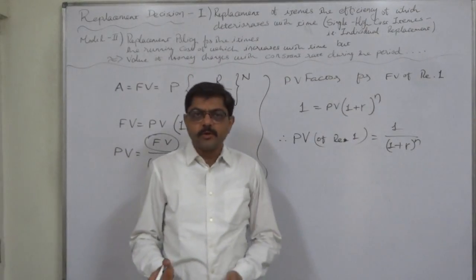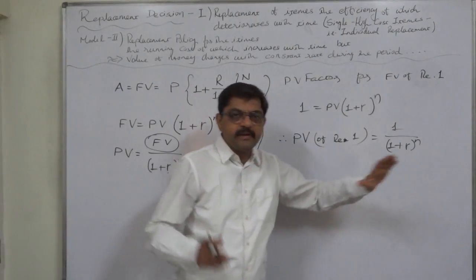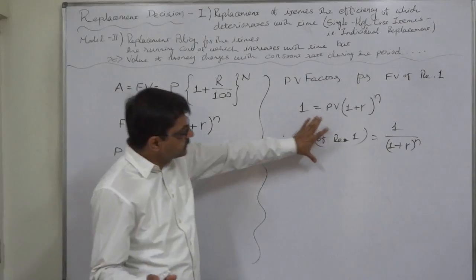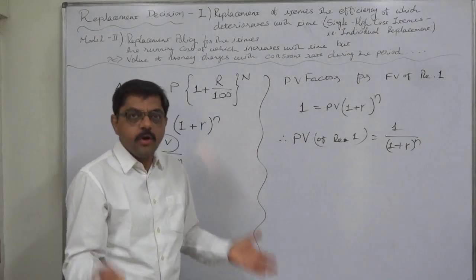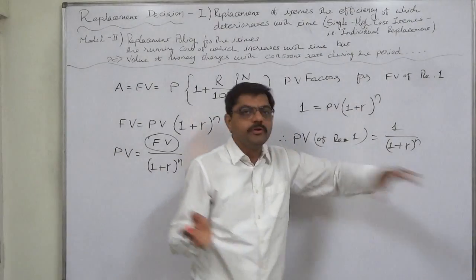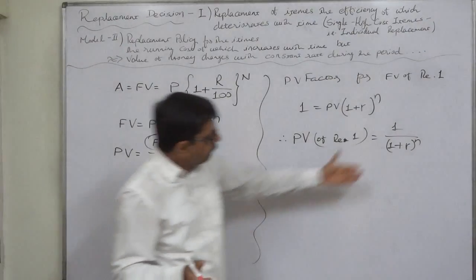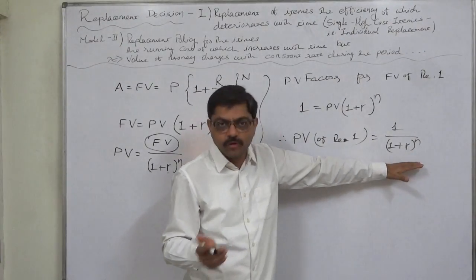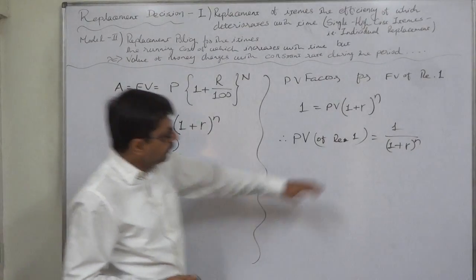And so far as the problems in examination are concerned, the examiner will either give you the present value factors in the question paper itself, or at least he has to give you the rate of interest, on the basis of which, by applying this formula, you can easily calculate the present value factor of rupee 1.